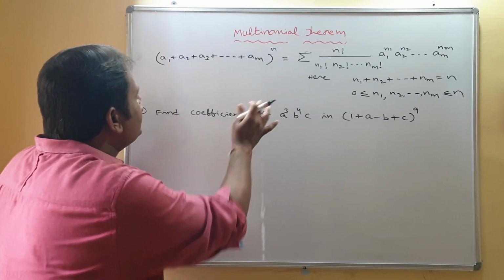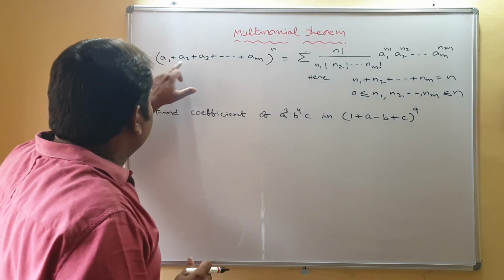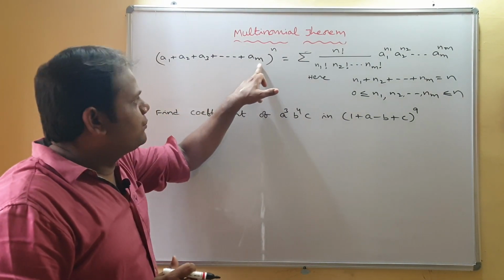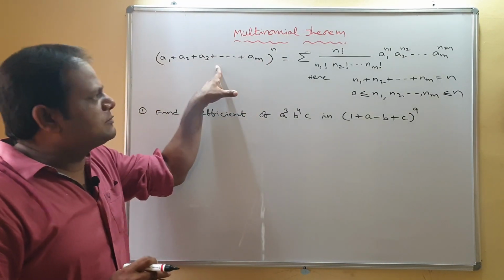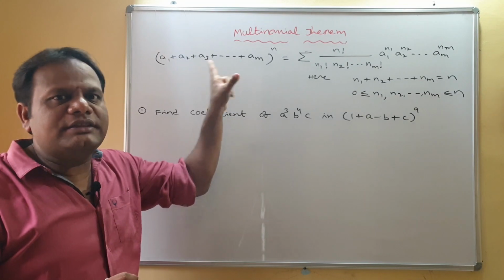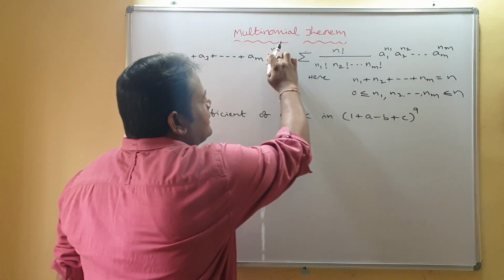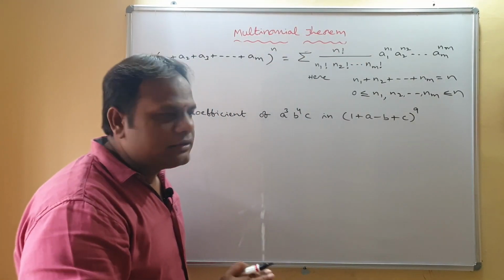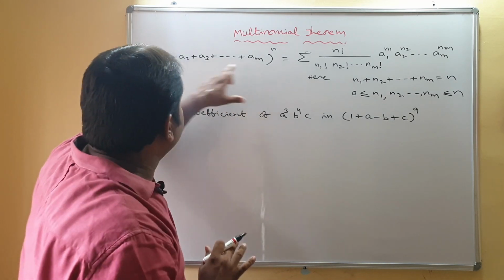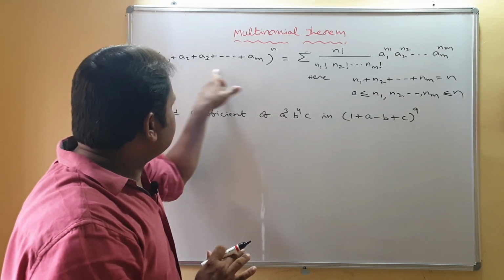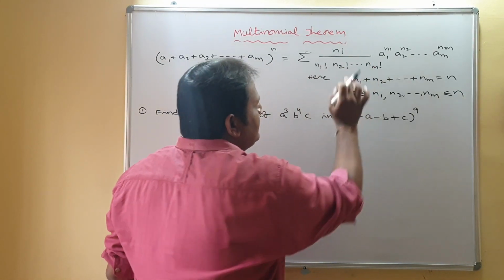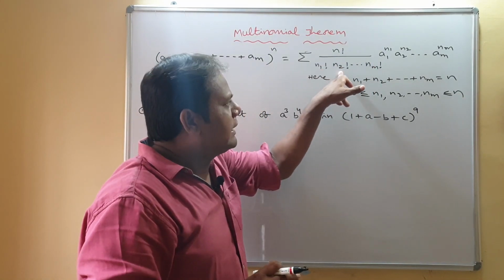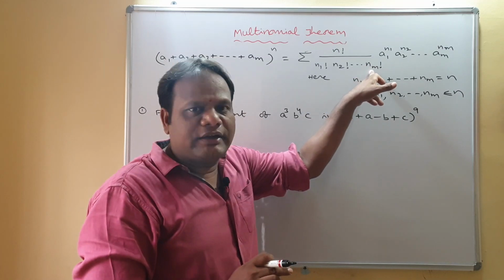Okay, so the multinomial theorem is (a1 + a2 + and so on + am) whole power n. So every term in this expansion must be of the form where the total power is n. So n factorial by, totally how many terms are there in this? m terms are there here, is it? So you take n1 factorial, n2 factorial till nm factorial.